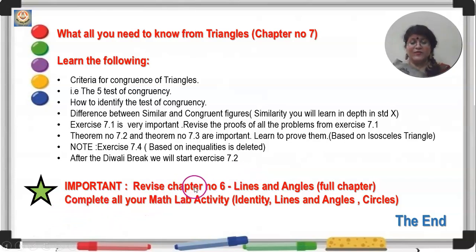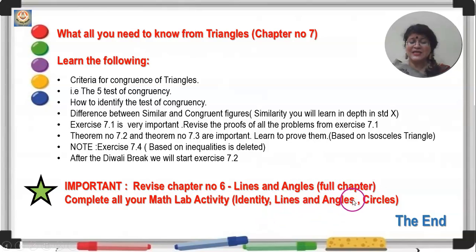Now, a very important note. I want all of you to revise chapter number 6. Yes, chapter number 6 you did have in your semester exam, but that was only up to 6.1. There are other exercises also from chapter 6, so I suggest that you go through the entire chapter. And please complete all your MATLAB activity. Identities, (A plus B) the whole square, was given, which you had all submitted. You made a PDF and submitted that activity.